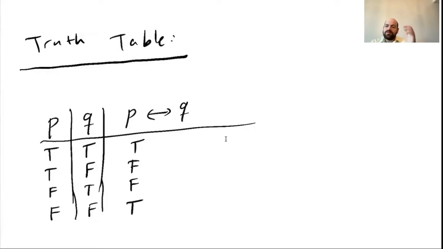Remember when we talked about conditional statements, we said that for some conditional statements, the converse is true. For some conditional statements, the converse is not true. So if the converse is true, then we call that statement if and only if. But if the original statement is true, but the converse is not true, then that conditional statement is not if and only if.